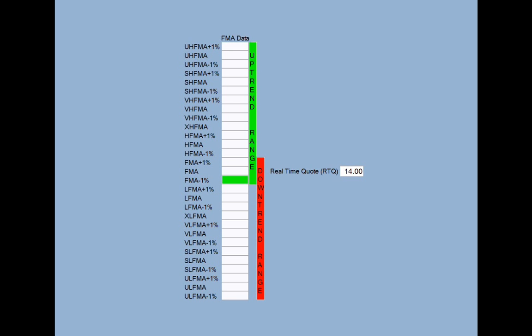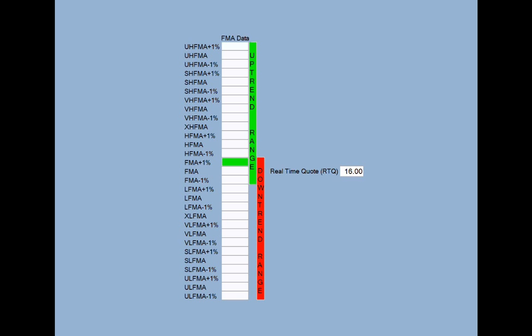This is where the FMA Uptrend Range and the FMA Downtrend Range share the common FMA Stock Rating Indicator label values of FMA minus 1%, FMA, and FMA plus 1%. The FMA Neutral Range is where stock price consolidation occurs.